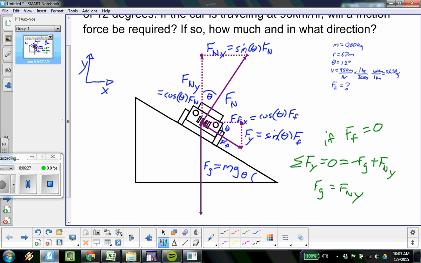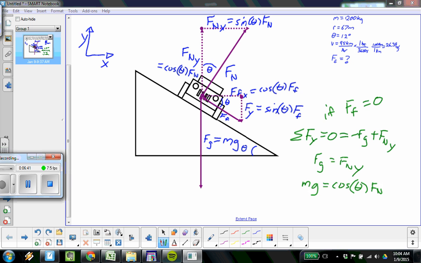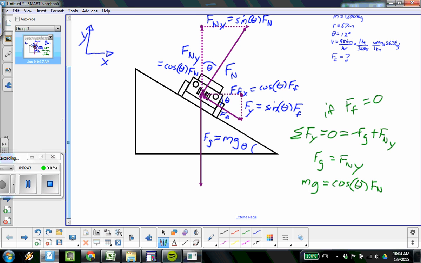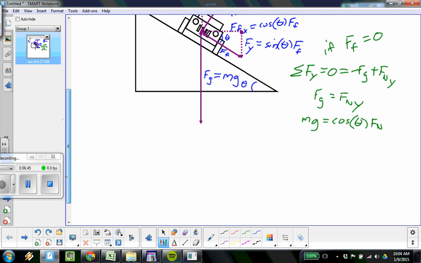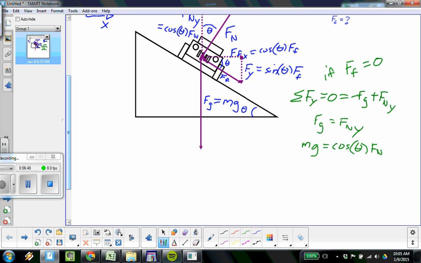And so we would say that mg would be equal to the cosine of angle theta times the normal force. I'm going to solve for the normal force here, so the normal force is equal to mg over cosine theta.